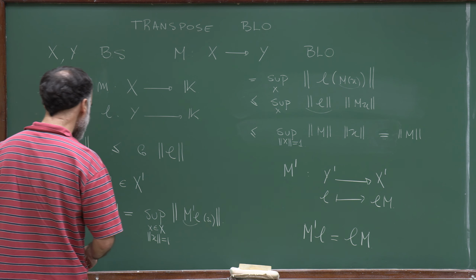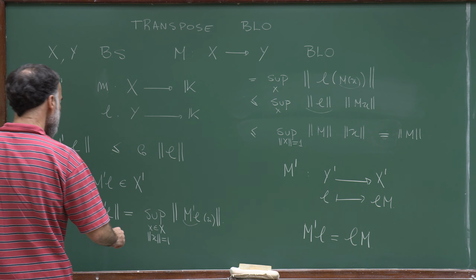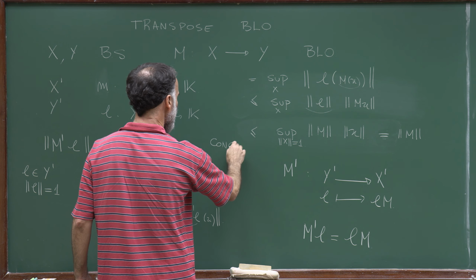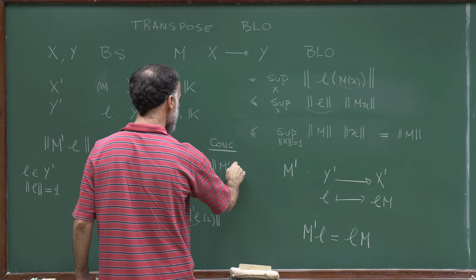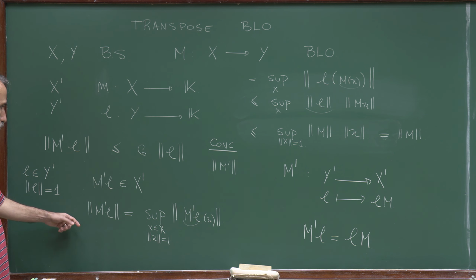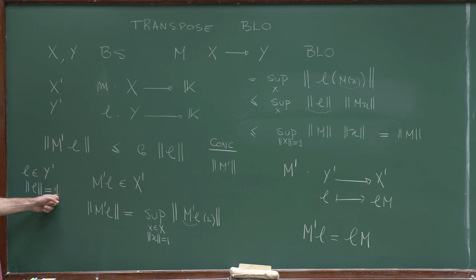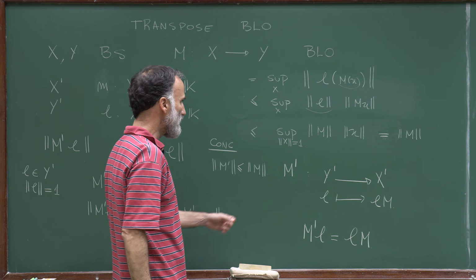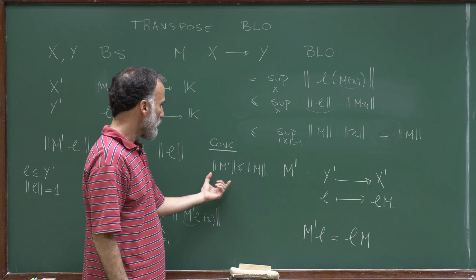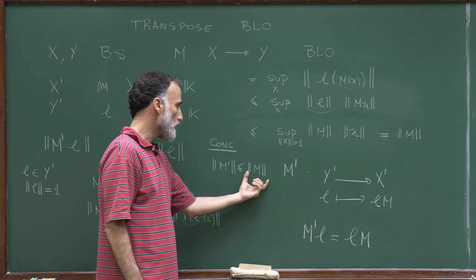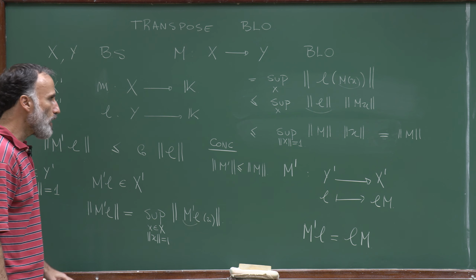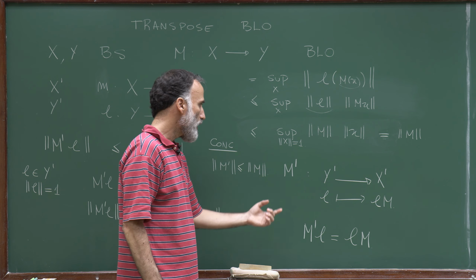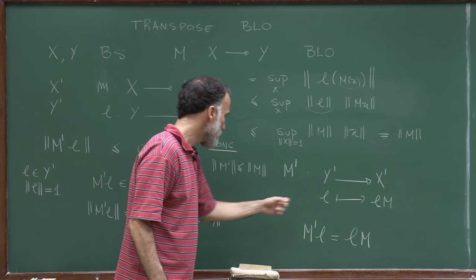So this implies that the norm of M prime, which is equal to the supremum over all L with norm equal to 1, is bounded by the norm of M. So we not only proved that M prime is bounded, but we also proved that its norm is bounded by the norm of M. So up to now, what we did is that we introduced this map, M prime, and we proved that this map is linear and bounded.